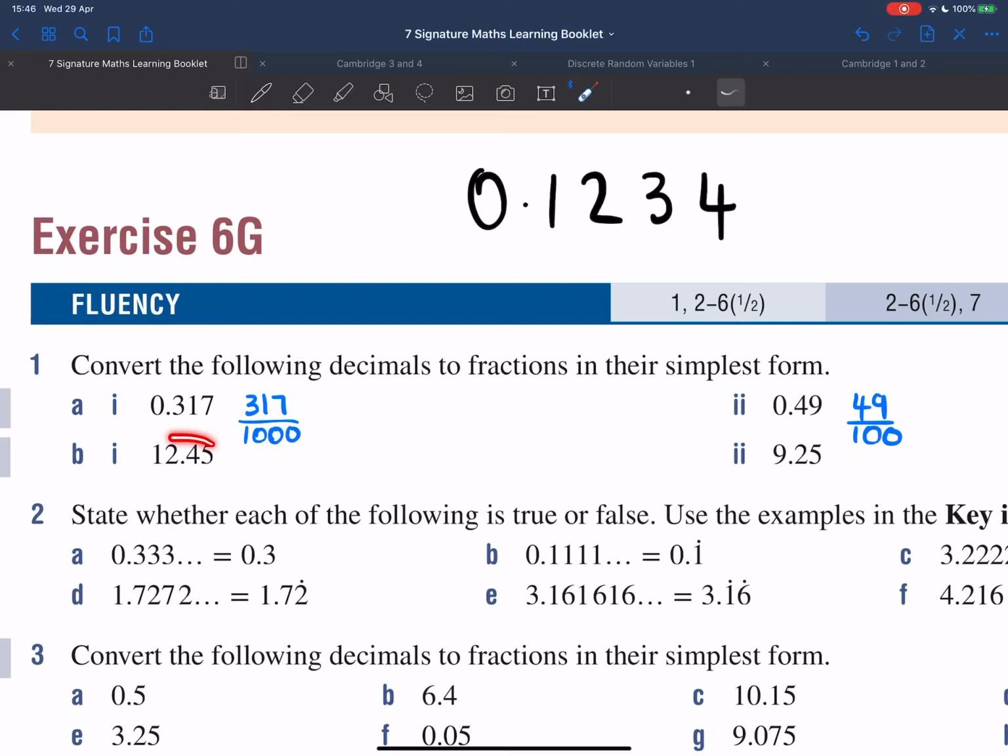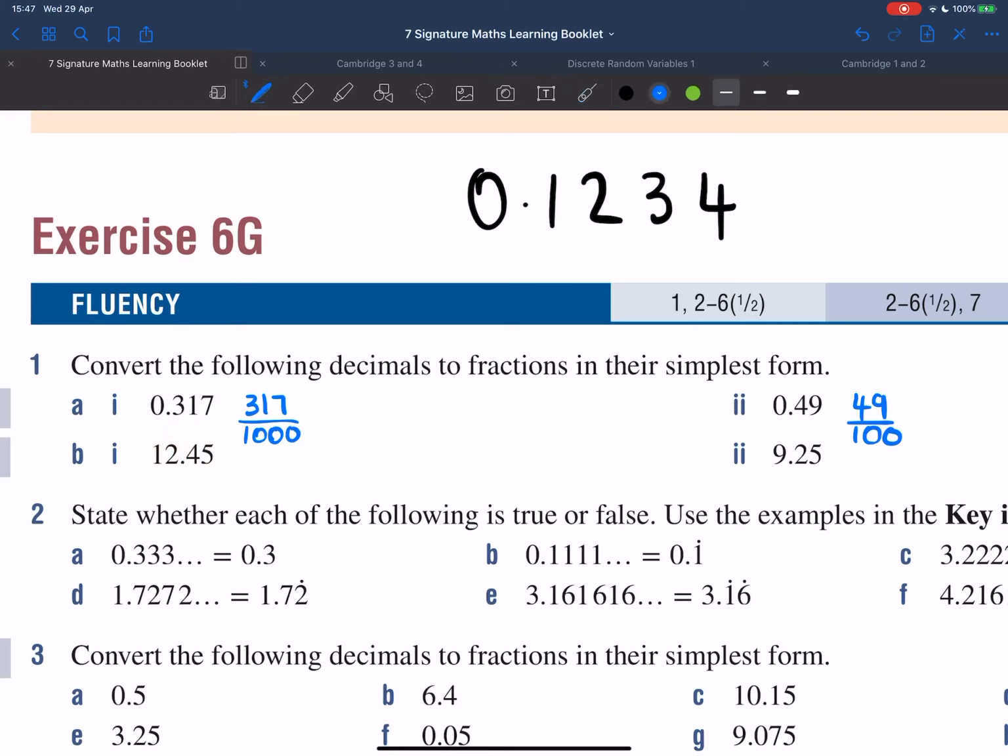Next question. This looks a little bit different. The difference is, well, in part I and part II, or part 2, they had 0 at the start. But in this case, we still have a decimal number here, but then we also have a whole number.